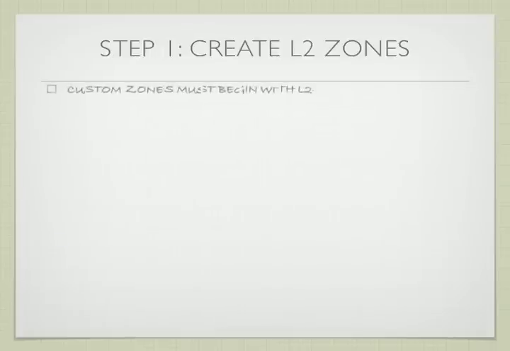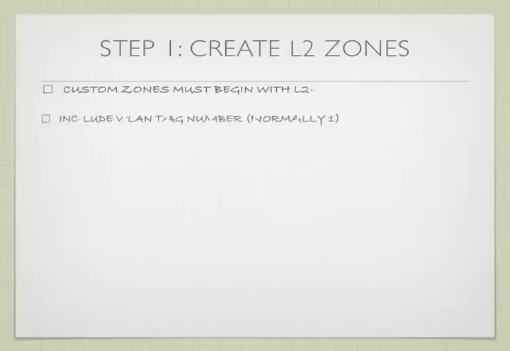So step one, you might need to create custom layer 2 zones for the operation of the device. These will need to include the VLAN tag that you're using for the device. In this case, normally this is 1. That's the default for VLAN 1.